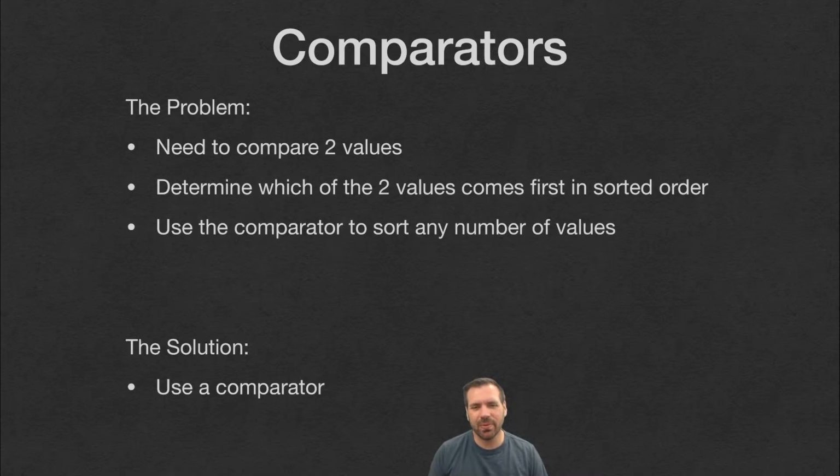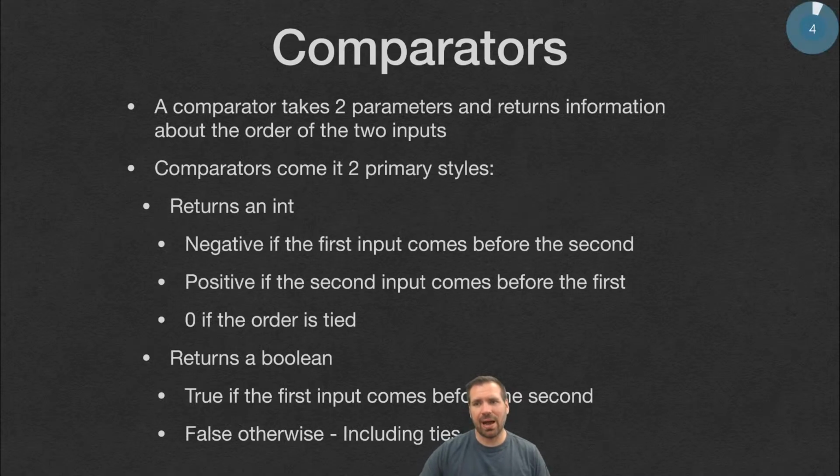It won't in our example. We'll just use integers. But it's going to compare two values of the same type. That's it. And we're going to use these comparators to sort any arbitrary number of values in a data structure. So let's learn about comparators first. And then we'll talk about how we can use comparators that can only compare two things and use them to compare any number of things.